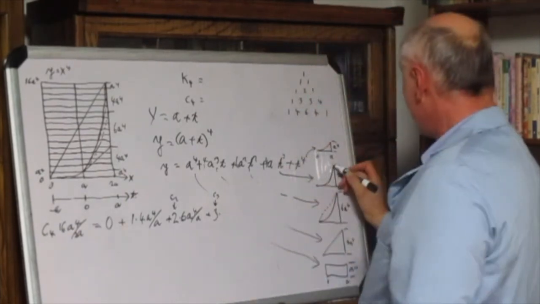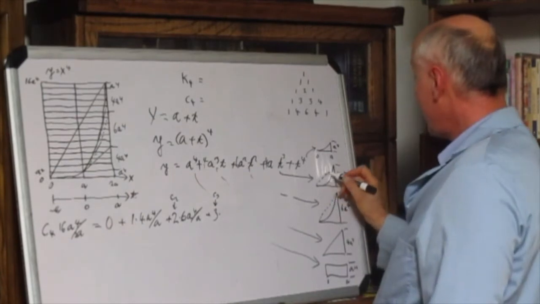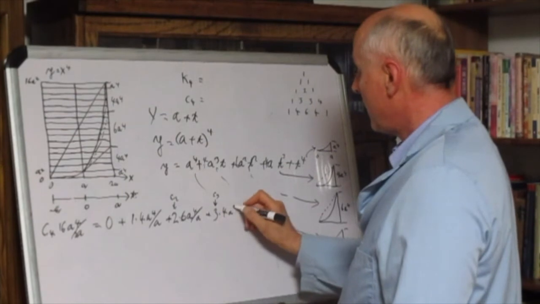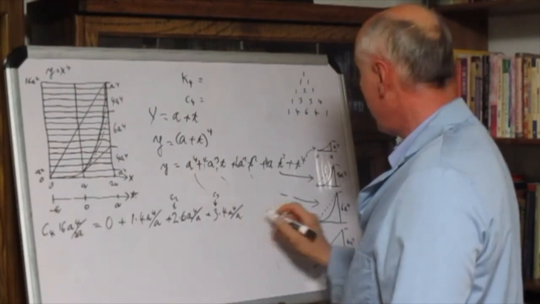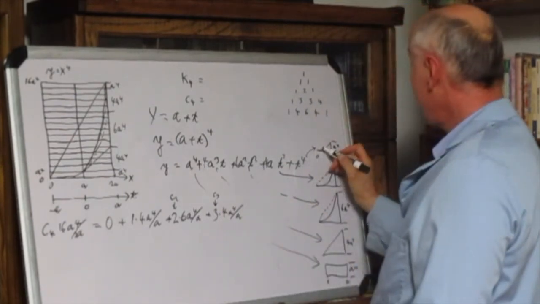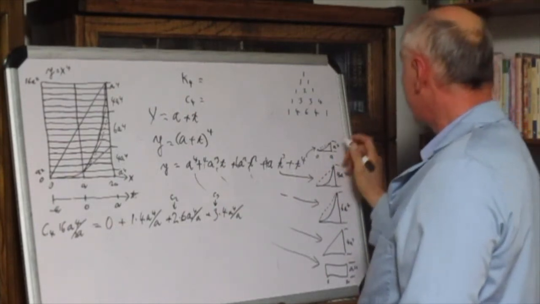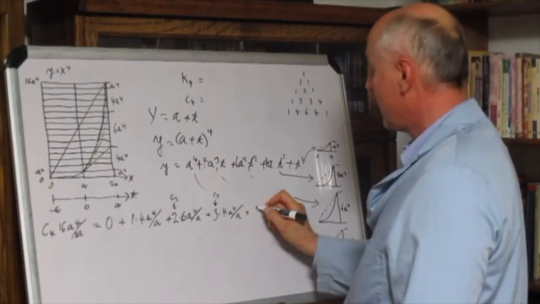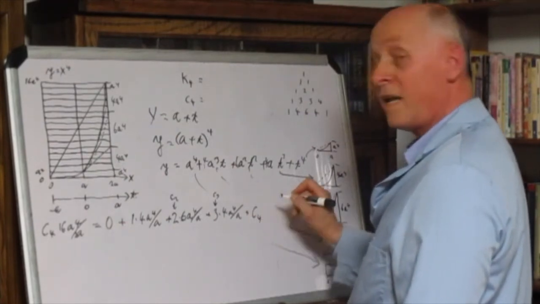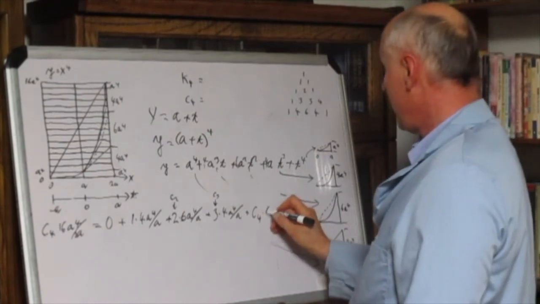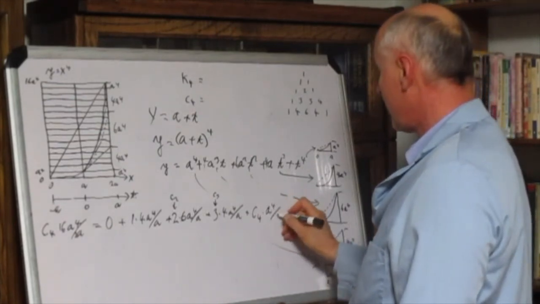Times the diagonal here, what is that? 4a to the fourth divided by a. And finally, this term, the fourth power, plus C4, our unknown, times a to the fourth divided by a.